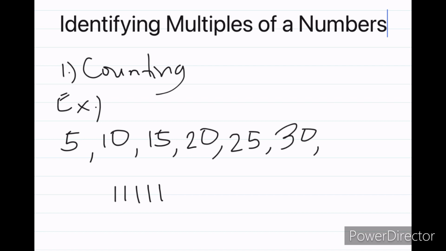Then count again 5 from 30: 31, 32, 33, 34, 35, and so on. So that's how to identify the multiples of a number through counting.